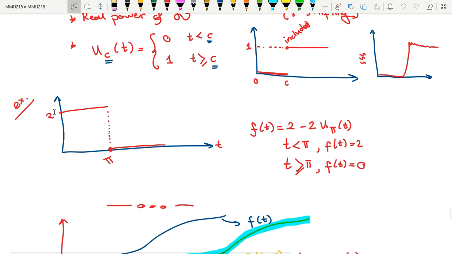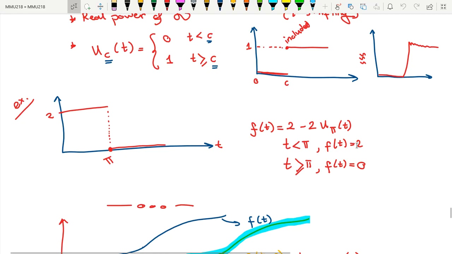And let's say I have a function that goes like 2, 2, 2, 2, and at pi suddenly drops down to 0. How would I express that? I can write it as 2 minus 2 times the unit step function at pi. Let's check whether this is true. At t values less than pi, this u is going to be 0, so 2 times 0 is 0, and the function will be just 2.